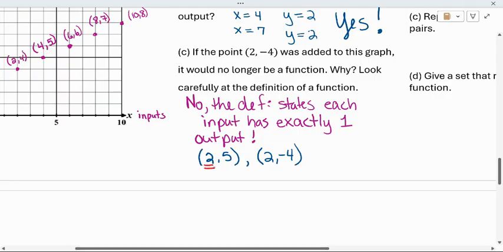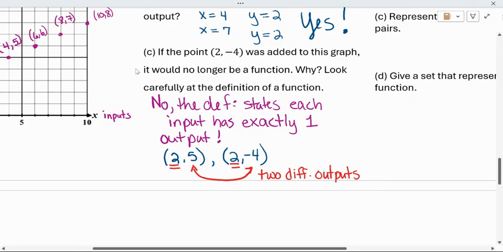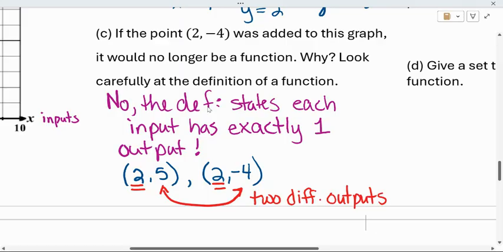So same input, two different outputs. That means that it's not a function, okay? The same input cannot have two different outputs. If it does, it's not a function.